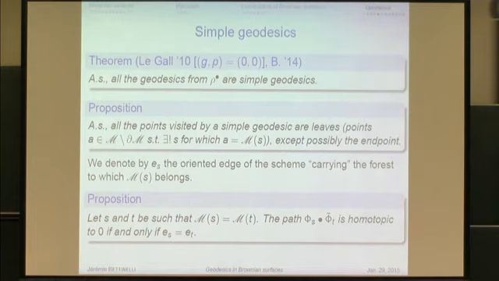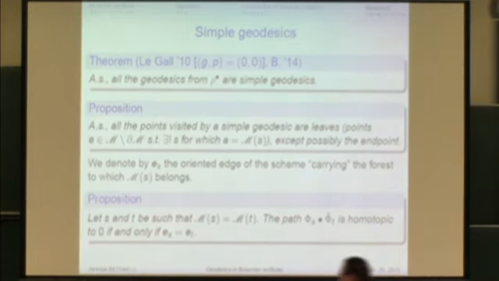And the theorem is that actually the path, this loop, if this is time s and this is time t, and you want s and t to encode the same point in the Brownian surface, well, the theorem is that the path is homotopic to 0 if and only if you are actually in the same forest.